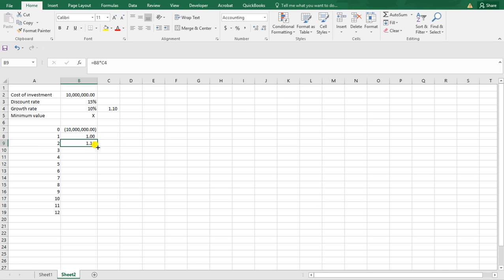So that all through for 11 years, basically, just a moment, I need to lock this one. All through, because that is a constant factor, that's why we are locking, all through to year 12, I'll be having X, I'll be having 1.10x, I'll be having 1.21x, I'll be having 1.33x, I'll be having all these details, right?